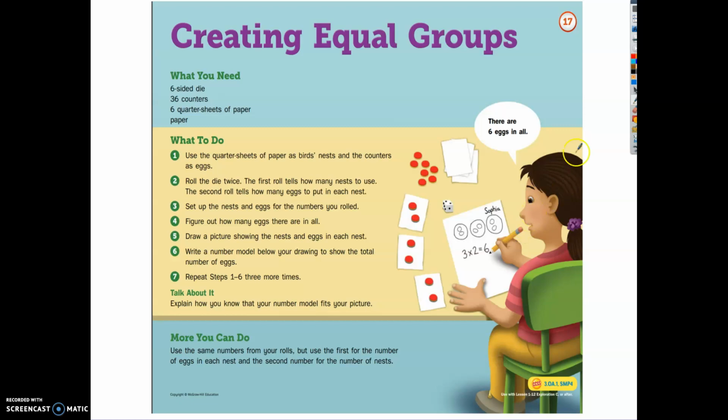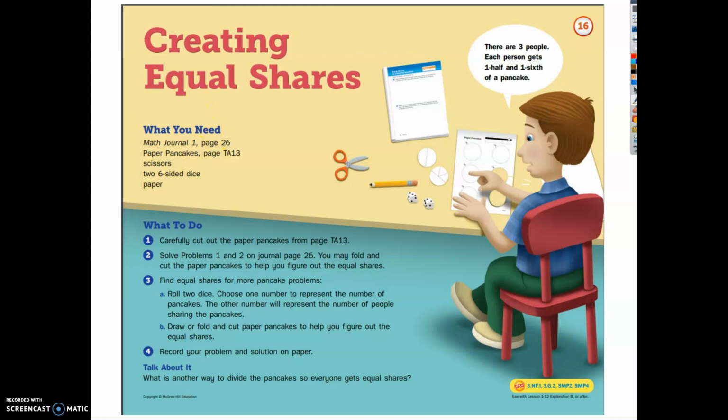This is something that you can do by yourself. This is something that you could have a family member help you with or do with you. That would be fun too. Another activity that you can work on is creating equal shares. You'll need your math journal if you have it at home, and a handout that has 6 circles on it.